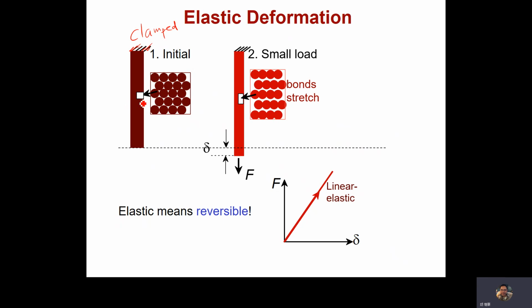Before applying a load, the atomic arrangement is fixed. When we apply a force at one end of the sample, the metal rod must extend, so the length must be elongated.